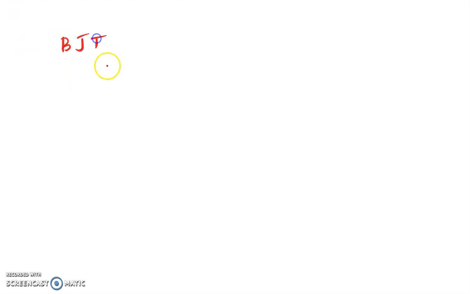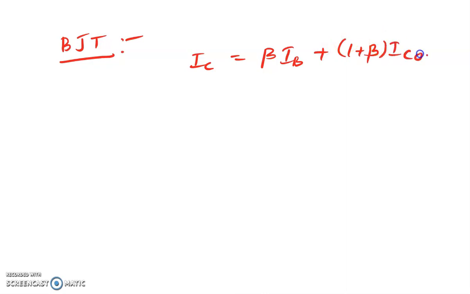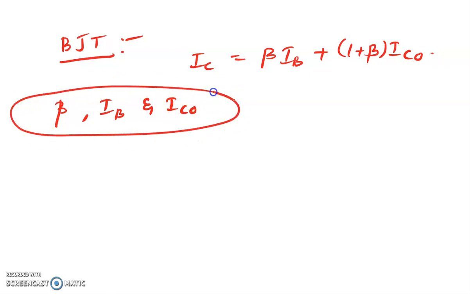Suppose in a BJT, the collector current IC is beta times IB plus 1 plus beta times IC naught. Here we have three variables: beta, IB and IC naught. All these parameters increase with the rise in temperature.